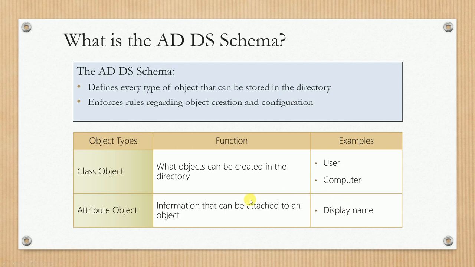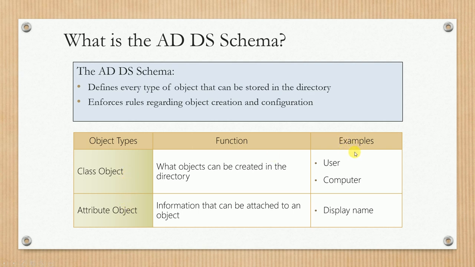The object type can be a class object or an attribute object. If we talk about the function, the class defines what objects can be created in the directory, and the attributes are the information that can be attached to the object. That's how we differentiate classes and attributes.